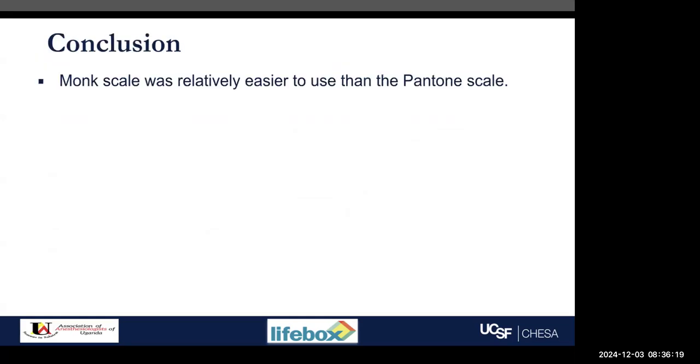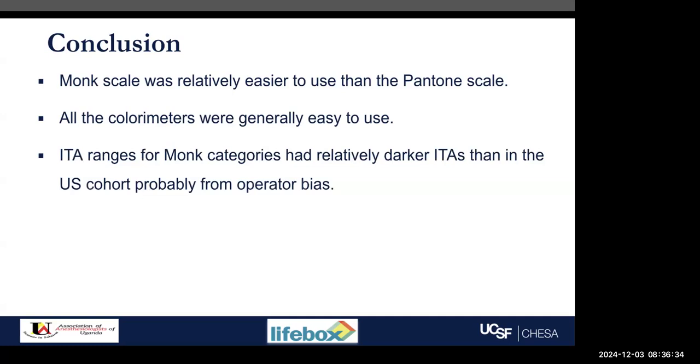So in conclusion, for now, based on the preliminary findings of this study, we found that the Monk scale was relatively easier to use than the Pantone skin scale. And all colorimeters were generally easy to use. The objective methods were much easier to use than the Pantone in comparison to the Monk.